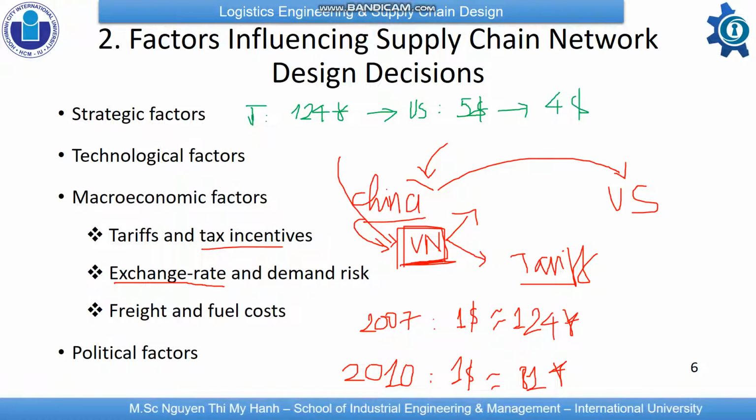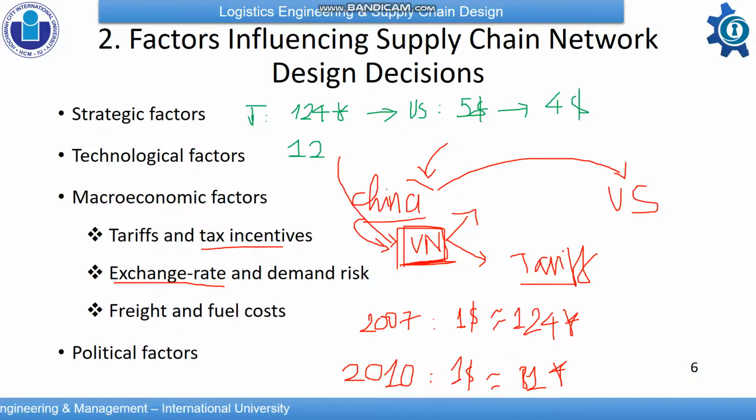However, in 2010, let's say my production cost is the same, 124 yen.